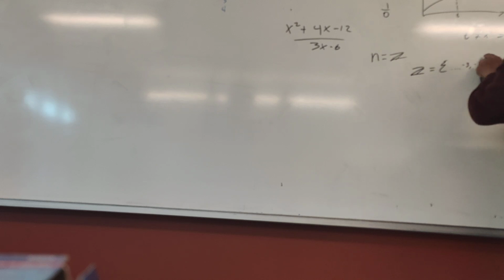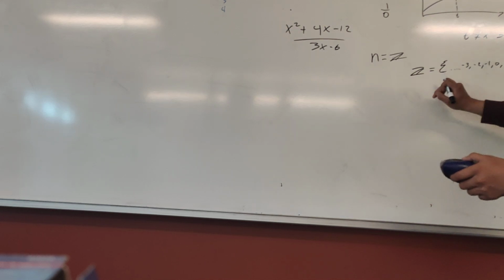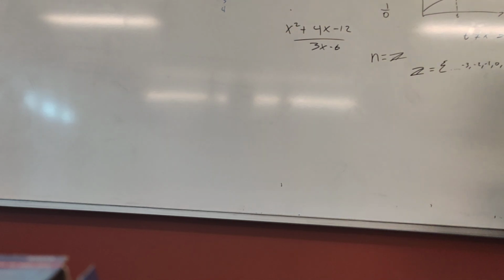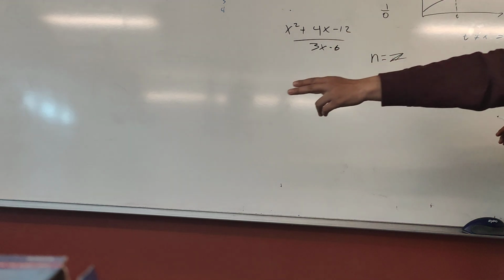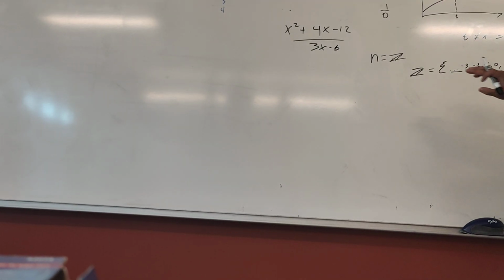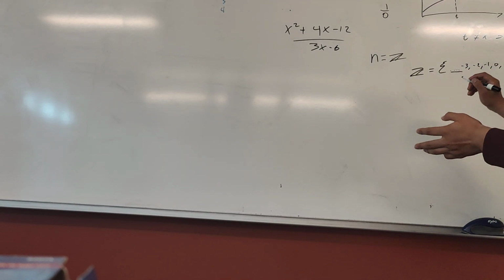I skipped -1, 0, 2, 3. Honestly, I don't know how to make the brackets neatly, so I scribble in the middle to make it look like it. Since here we have dots, the dots indicate that it's going forever, continuously, to the left side or the right side. And this can also be written as the domain.